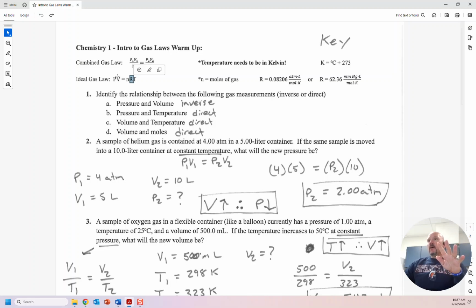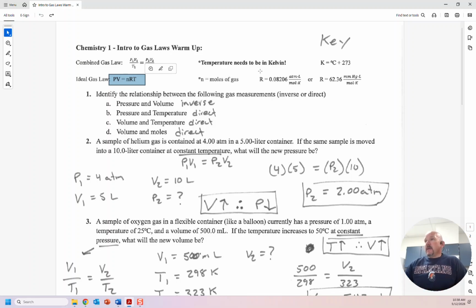So if I know the volume of the container, the moles of gas, and the temperature, I can use this equation to estimate what the pressure of the tank should be with that amount of gas, with that volume, at this temperature, right? So I know 3 of the 4 variables of gas, which are pressure, volume, temperature, moles. I need to solve for the 4th one. That's when I use the ideal gas law, okay?